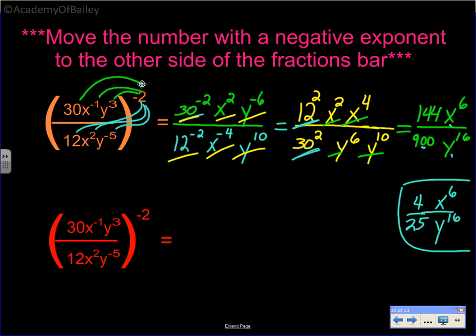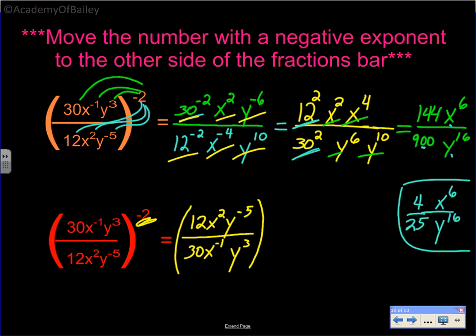The other method, well, we know that negative exponent means reciprocal. So if you're going to do it this method, everything on bottom goes to the top, and everything on top goes to the bottom. And remember, it would have been a negative exponent, so the 2 becomes positive.